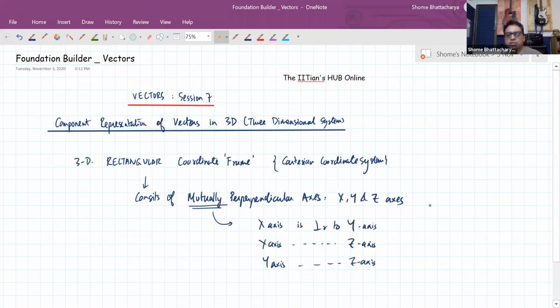Okay. So just make a note of this first, then we will see how to draw this system of coordinates, and from there we will carry on further. So in order to understand component representations in 3D system, we need to understand what a 3D rectangular coordinate frame consists of. So it consists of the 3 mutually perpendicular axes x, y, z, drawn from a common origin.